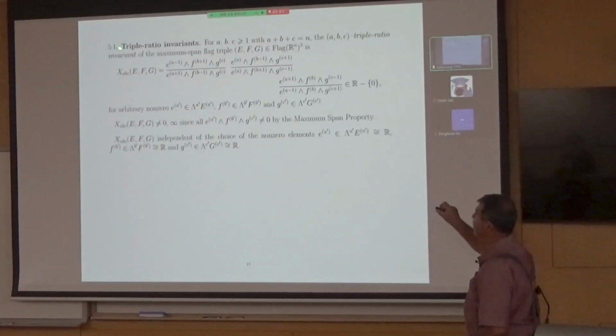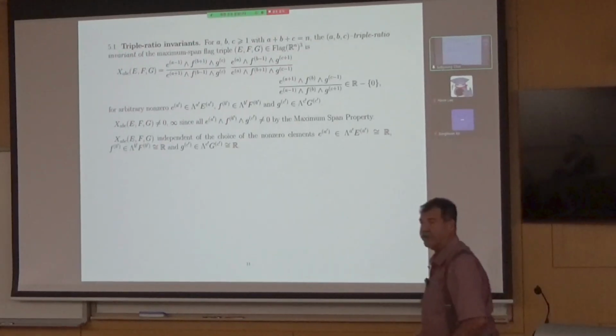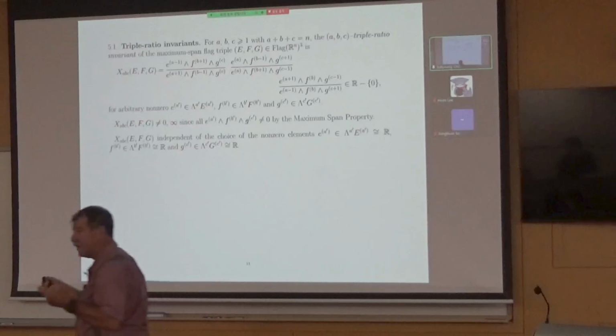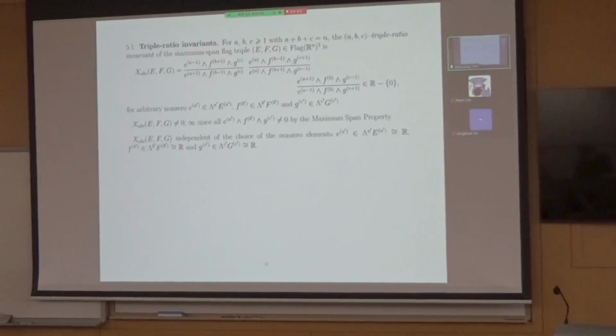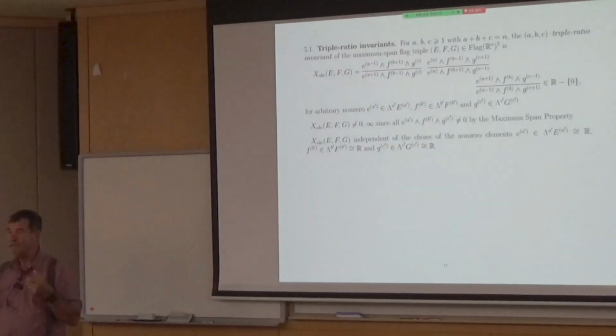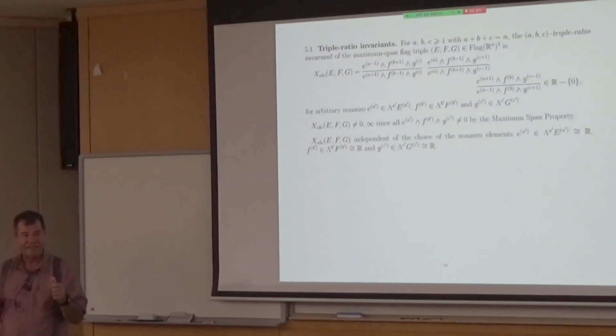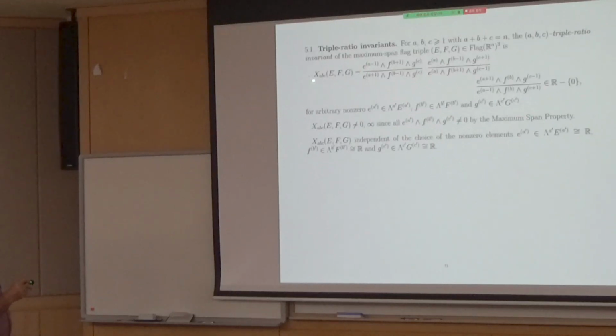So that will enable us to define triple ratio invariants, which are very much like the double ratio, except they are triple ratios. So the formula is complicated. If this is the first time you see it, it's incomprehensible. And if it's the second time, it may also be incomprehensible. So here is the formula.